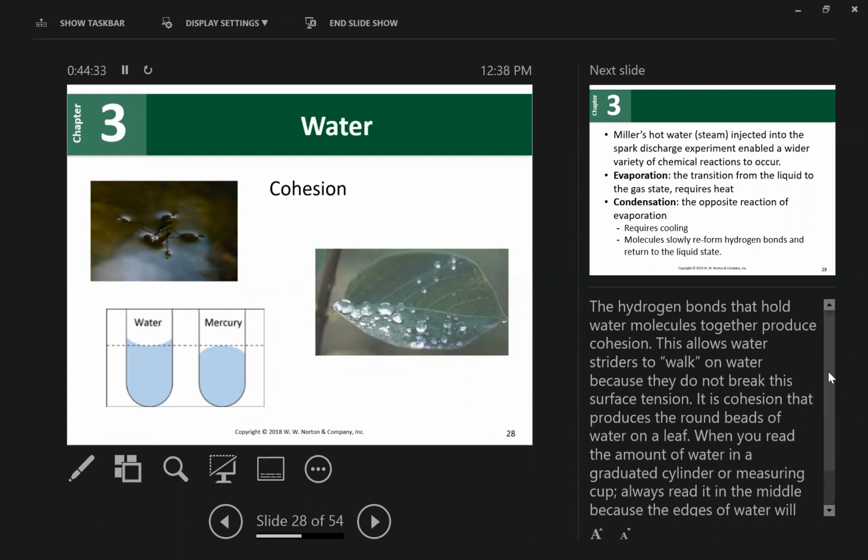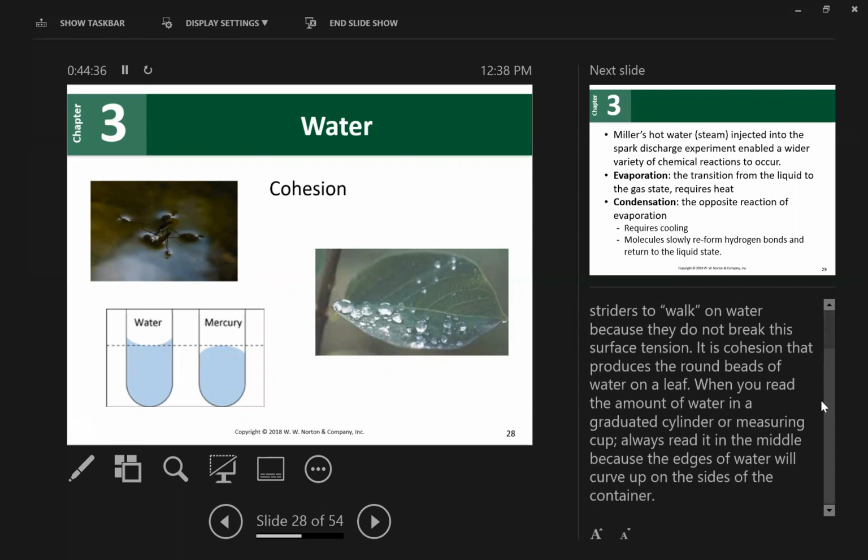And when you read the amount of water in a graduated cylinder or in a measuring cup, like you will for lab, you'll always read the middle of where that cohesion is, because the edges of water will curl up on the sides of the container. So again, when you're measuring water in a graduated cylinder, you're going to the middle of where that arc is.